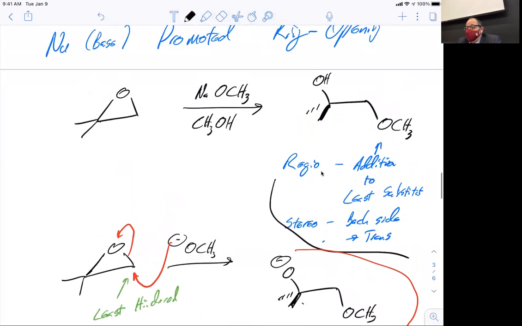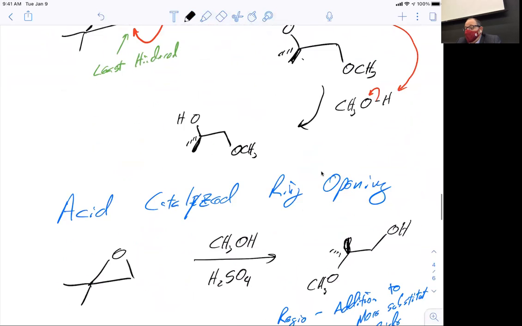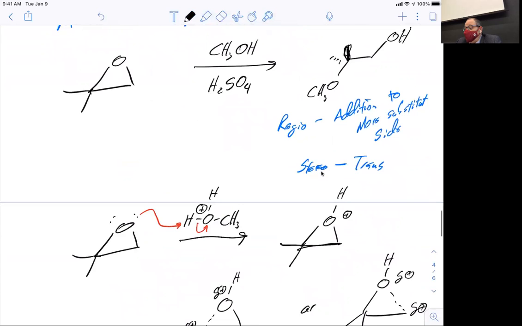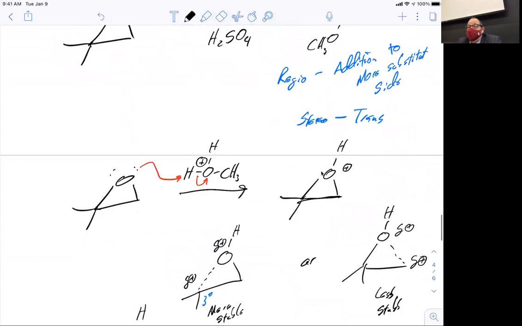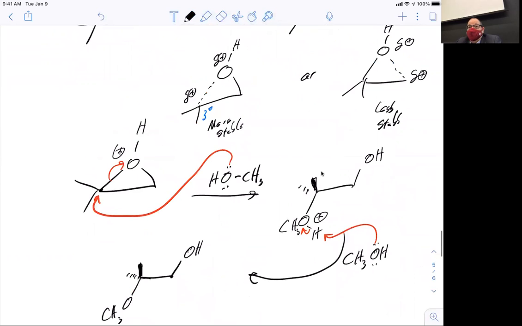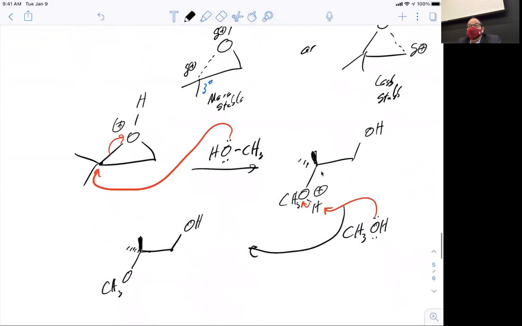That's the driving force in the nucleophilic promoted as far as the regiochemistry. In the acid catalyzed, it's like the halohydrin: which side of the positively charged three-membered ring could withstand more of that positive charge? The more substituted side can have more charge, meaning it's more electrophilic, and that explains the regioselectivity of the acid promoted.